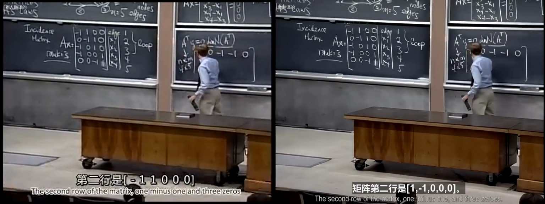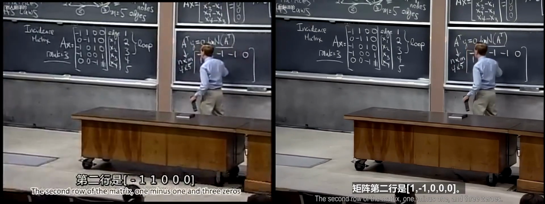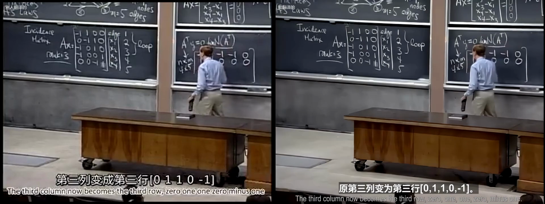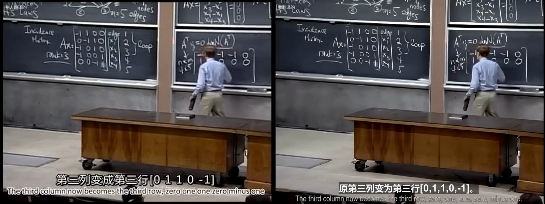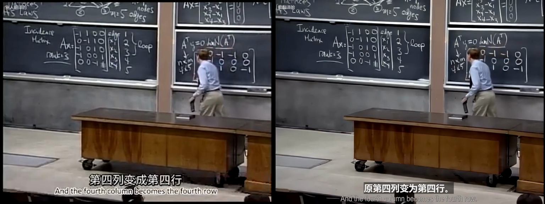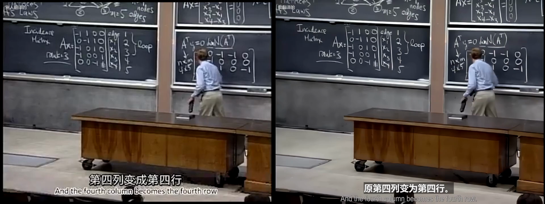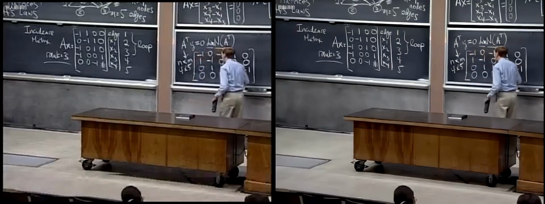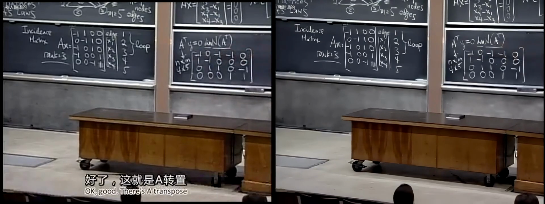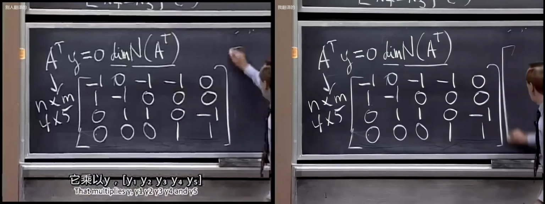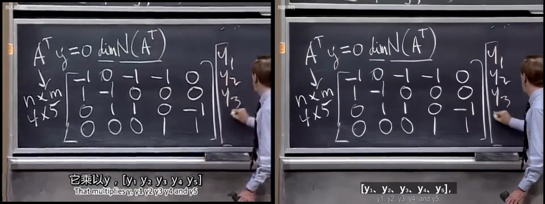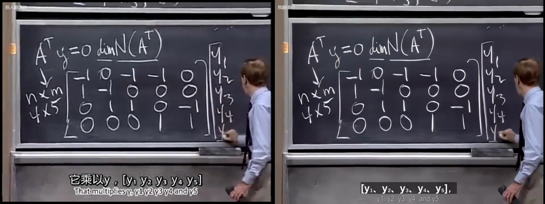The second row of the matrix, 1, minus 1, and 3 zeros. The third column now becomes the third row, 0, 1, 1, 0, minus 1. And the fourth column becomes the fourth row. Okay, good. There's A transpose. That multiplies y: y1, y2, y3, y4, and y5.